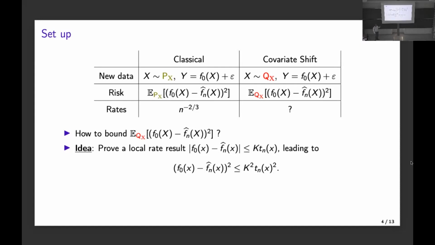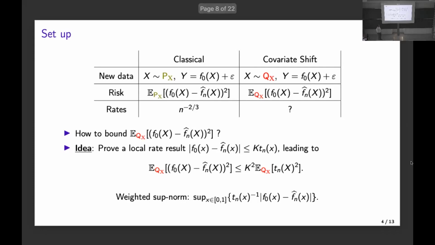in the sense that we have our absolute value of the difference between the estimator and the underlying function bounded by another function which would not be random, then we can square both sides of the inequality and apply an expectation to that.